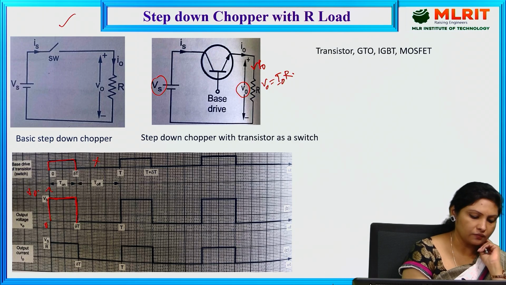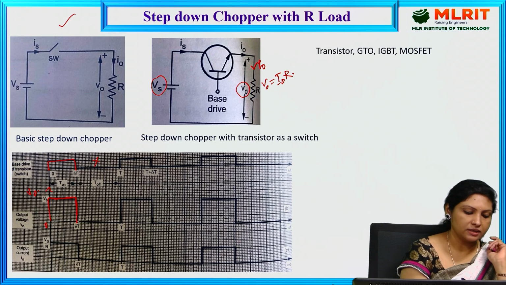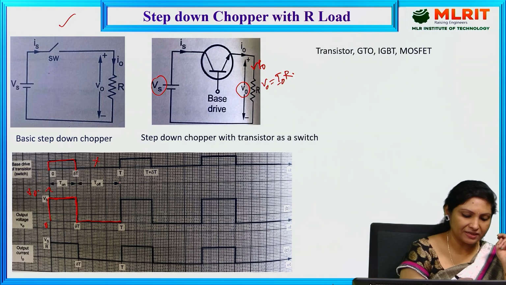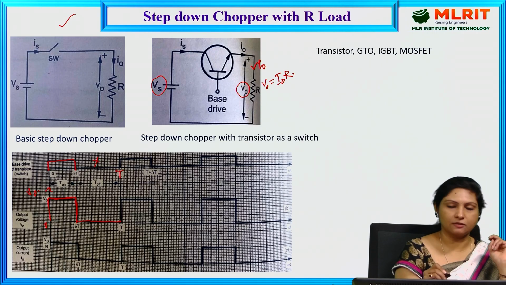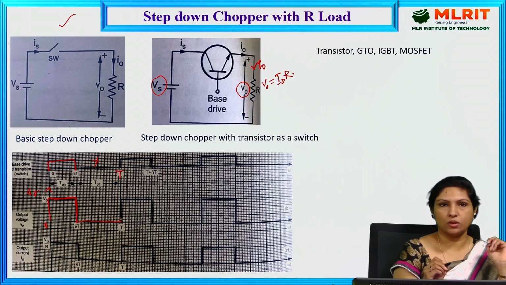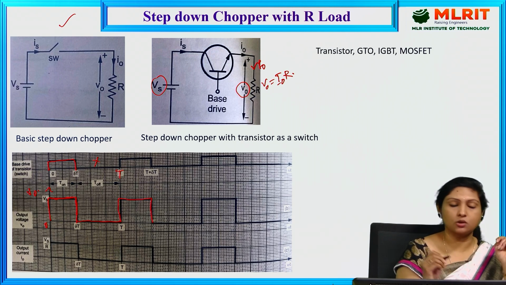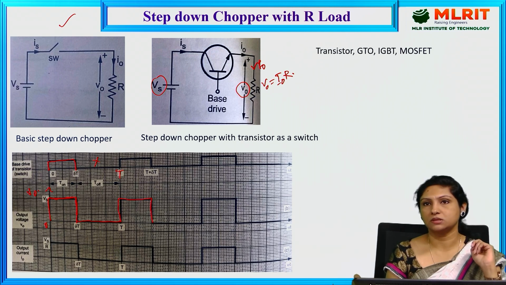And that is how right from this instant delta T to T, our output voltage remains 0. And the moment again at this instant T, when we provide the triggering pulse, the transistor will be on, and output voltage will appear across the load, and the cycle repeats.